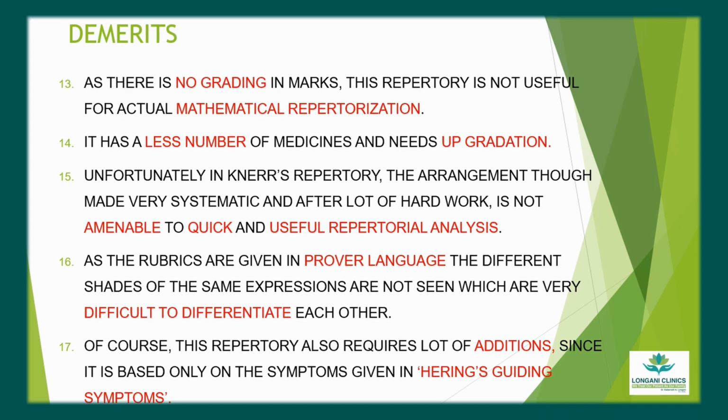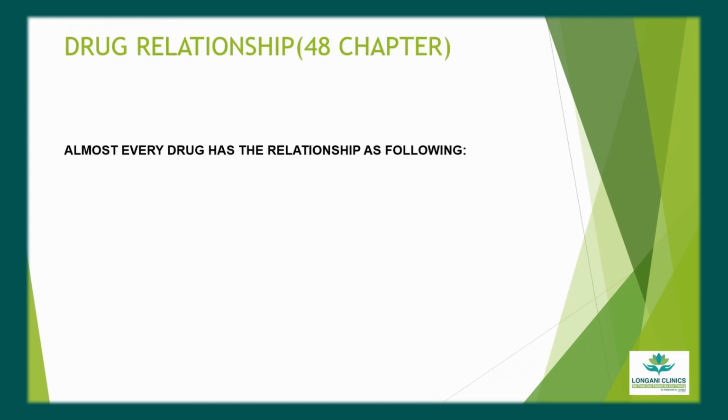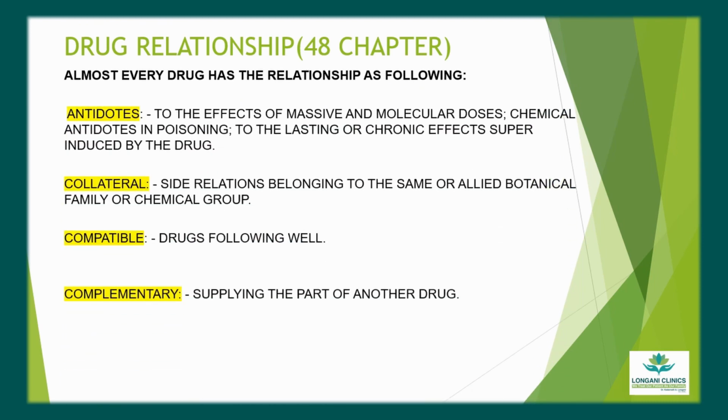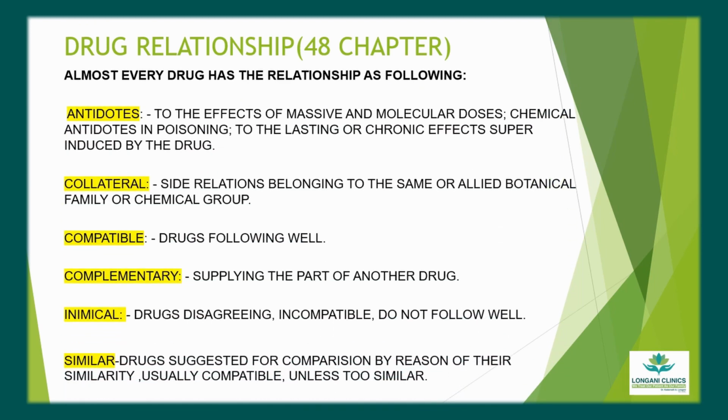17th one. Of course, this repertory also requires lots of additions, since it is based only on symptoms given in Hering's Guiding Symptoms. Now we will see the 40th chapter, drug relationship. Almost every drug has the following relationships.